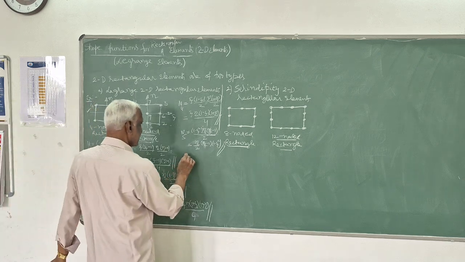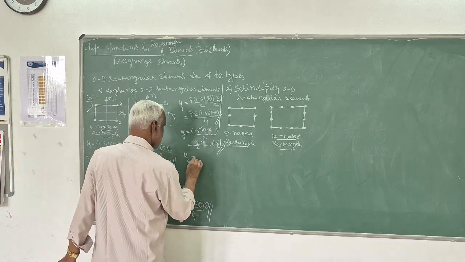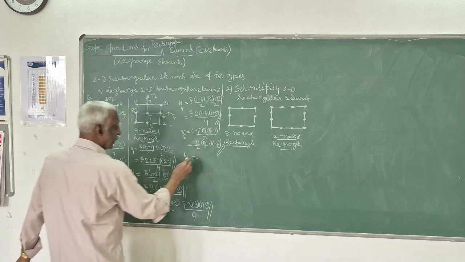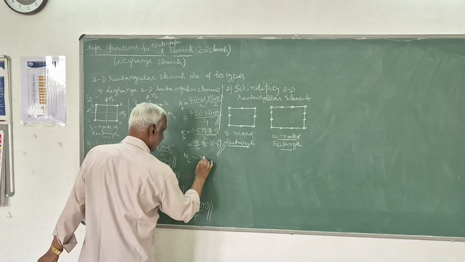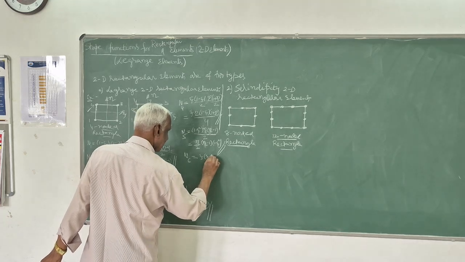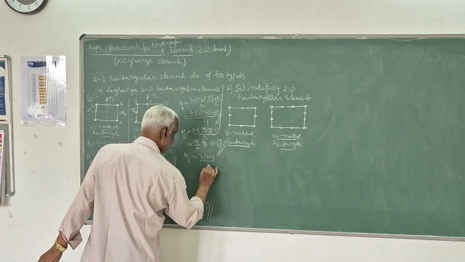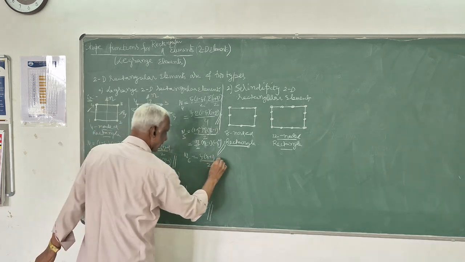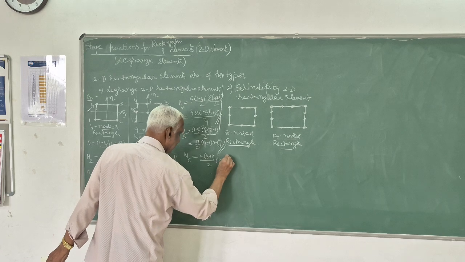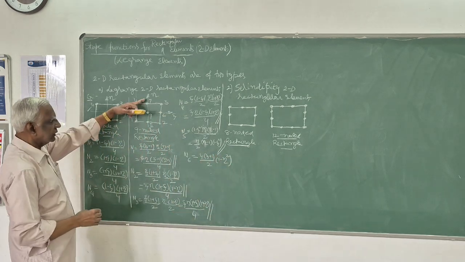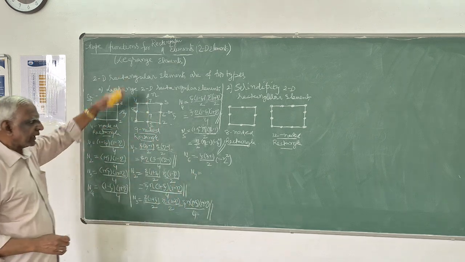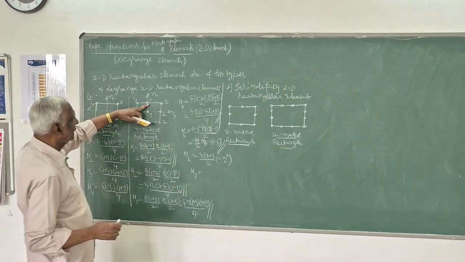On the same lines, for N6, this is the second node in the psi direction, that is psi into (1 plus psi) by 2, and the middle node in the eta direction, that is 1 minus eta square. For N7, by inspection you can write it.